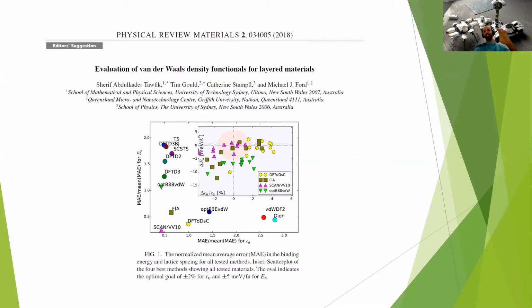So it's either that the distance is okay but the holding energy, the cohesive energy, is not okay, or the distance is not okay but the cohesive energy is okay. That has been a conundrum.